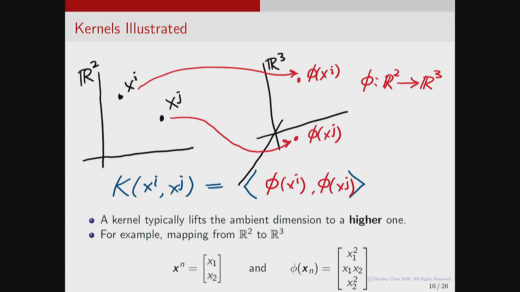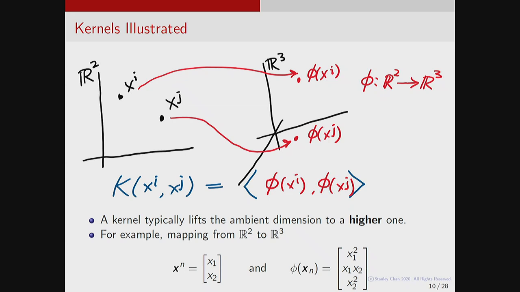Think about you have two data points living in R2, and I want to measure their distance according to a certain kernel. Kernel meaning that I want to measure the distance in some way. It could be that you take the Euclidean distance and then put a Gaussian function on that Euclidean distance. So you want to measure the distance in that space using a kernel.